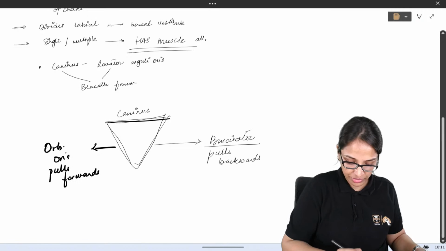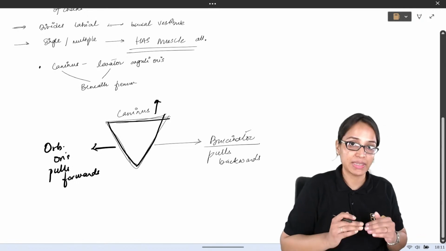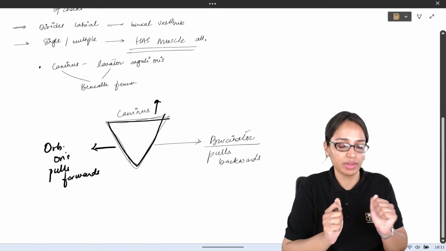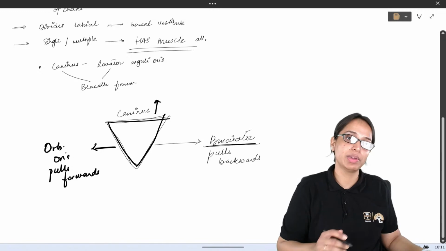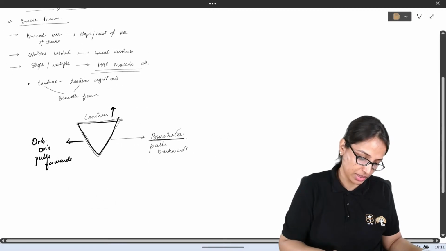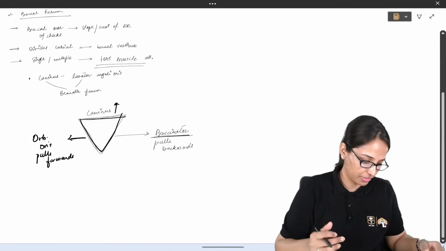So you have your caninus that will be present underneath, so it will pull it down. You have buccinator that pulls it backwards and you have orbicularis oris that pulls it forwards. Together, these three muscles are going to influence your buccal frenum.